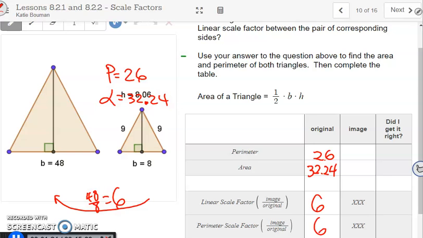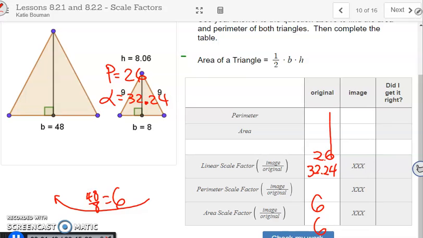The perimeter scale factor would also be 6. And then the area scale factor will be 36. We're doing 6 times 6.